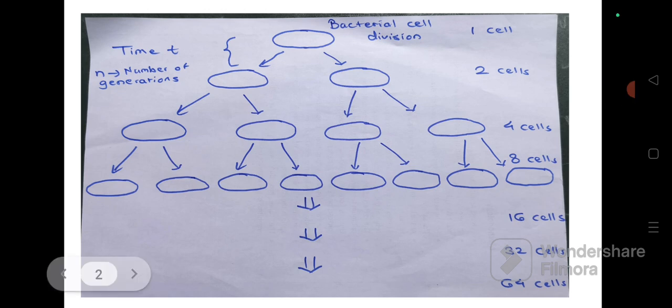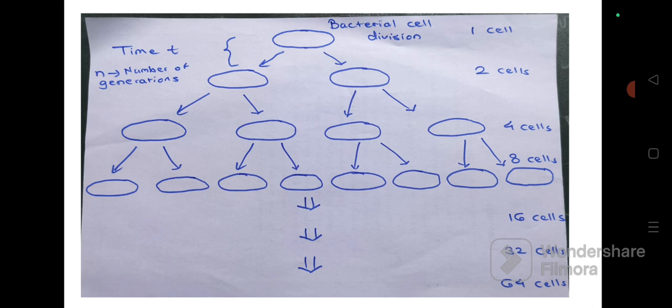So when you plot this number of cells with time t, you get a specific pattern of a graph which is similar for the majority of bacteria. But since the division is exponential and the values keep increasing in an exponential or logarithmic manner, it becomes difficult to plot only number of cells against time t.